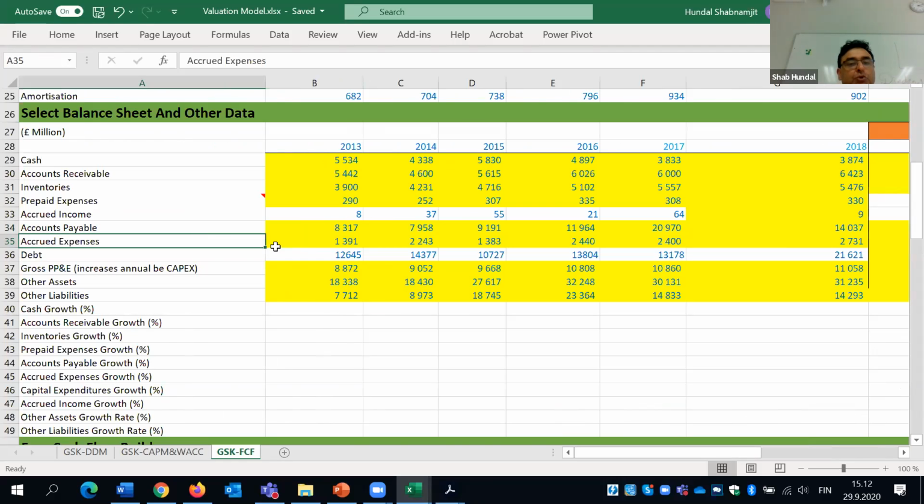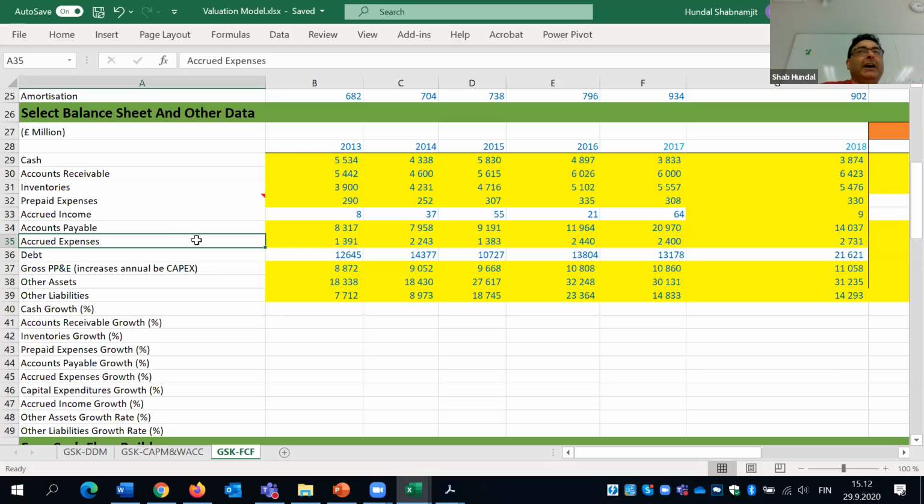What about the accrued expenses? The accrued expense is opposite to accrued income. Accrued expenses are the expenses which are born, but you haven't paid yet. Like for example, I received an invoice from the landlord that my rent is due and I need to pay tomorrow, but I don't pay it yet.